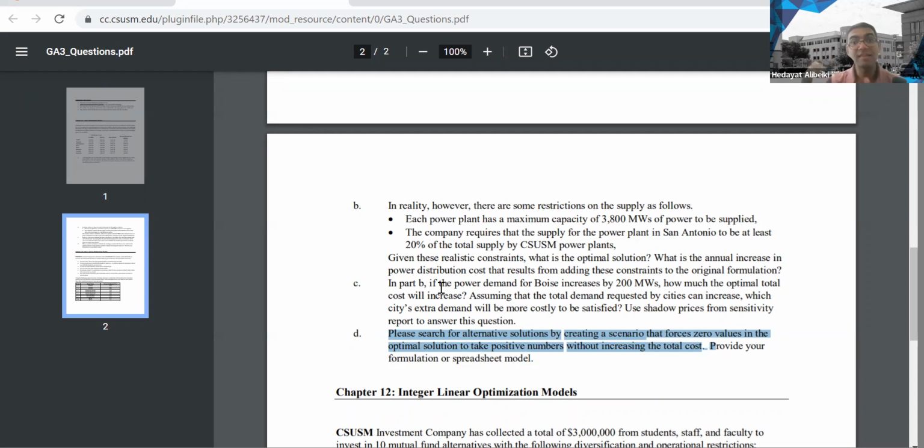Now, when you solve this new model, if you get a positive value for one of the variables that originally took 0, without worsening your objective function, the new solution that you found is a new alternative optimal solution. It's as good as the previous one, but it's different, right? So that's really the idea.